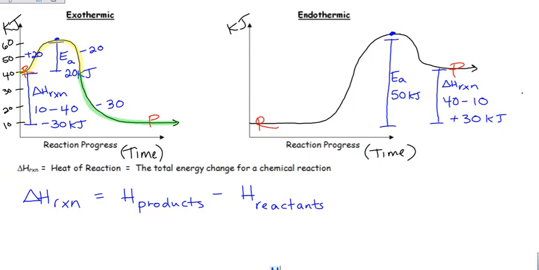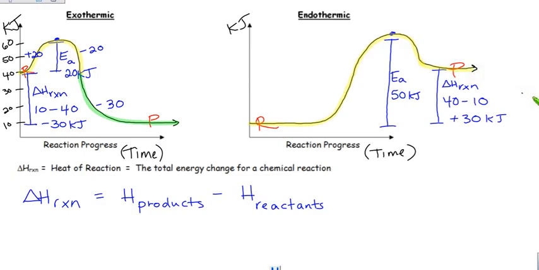And so again, there are some things that are kind of interesting. We add all this energy to get up to the peak, where I have sufficient energy for the reaction to occur. And whenever you start forming new bonds, the new bonds should release a little bit of energy. So we'll release just a little bit when we form the new products. But there's still a net gain in energy.